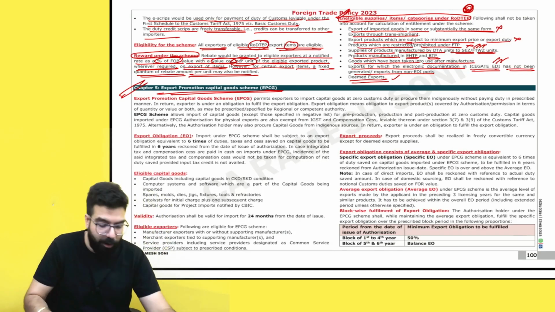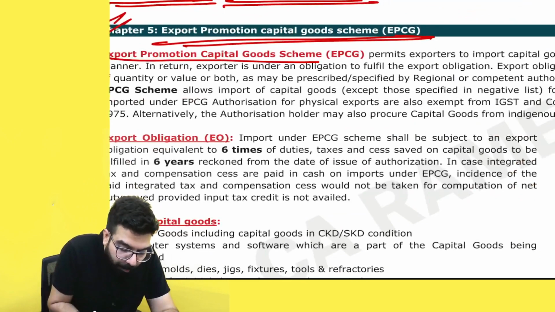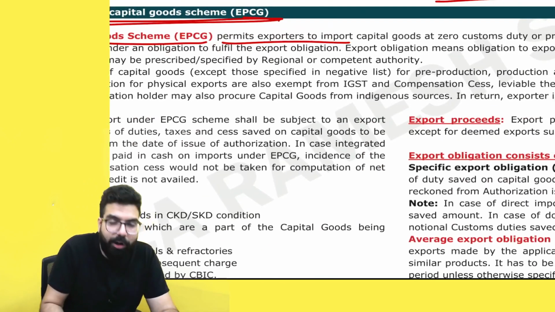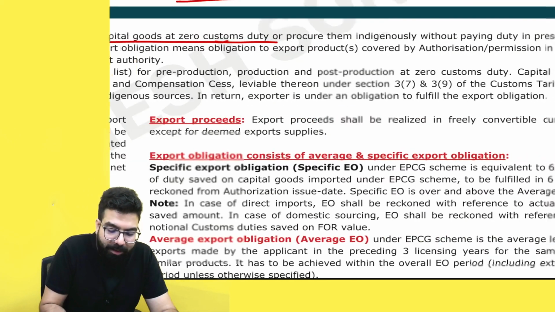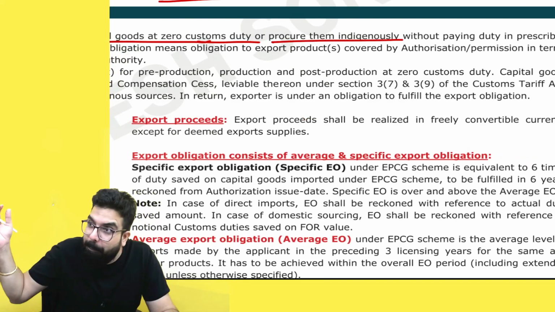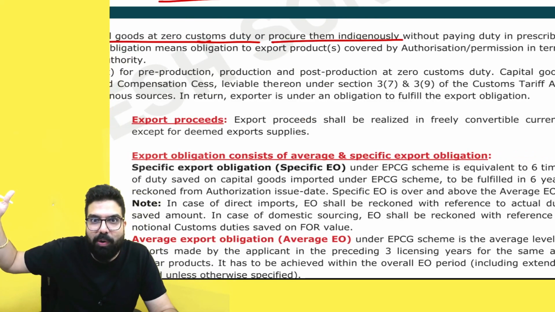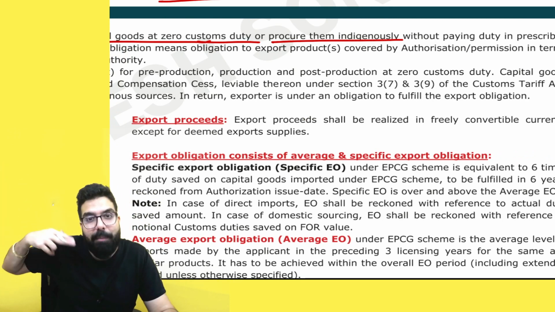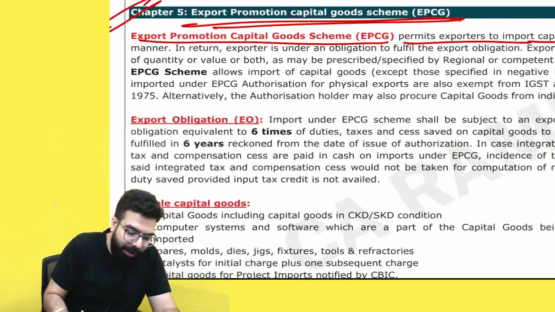Let's read EPCG authorization. Export promotion capital goods authorization permits the exporter to import capital goods at zero custom duty, or you can also procure them indigenously from those people who are manufacturing that capital goods indigenously. You can buy from them. For them, it will be a deemed export. Okay? Without payment of duty in prescribed manner.